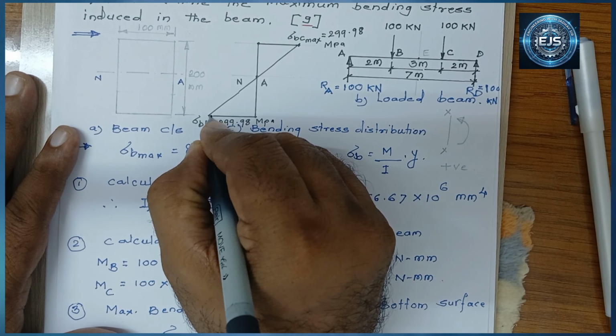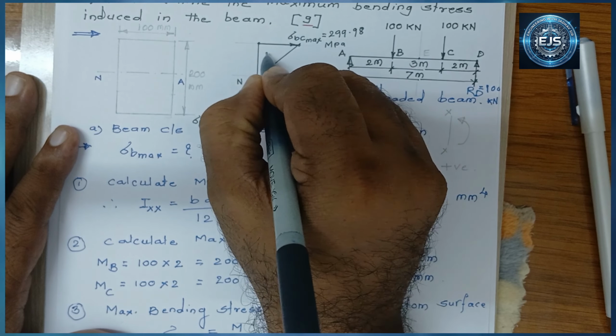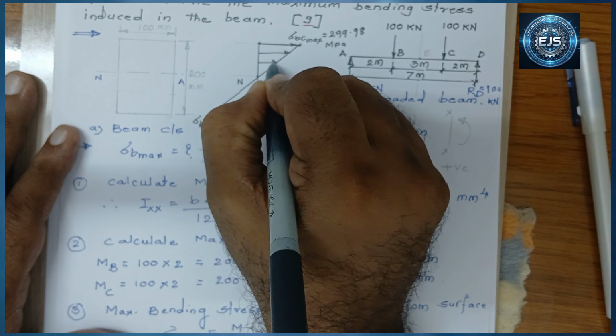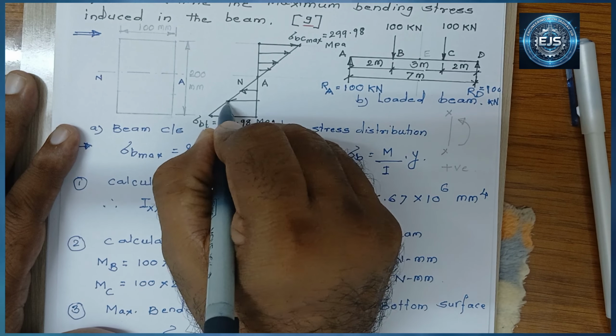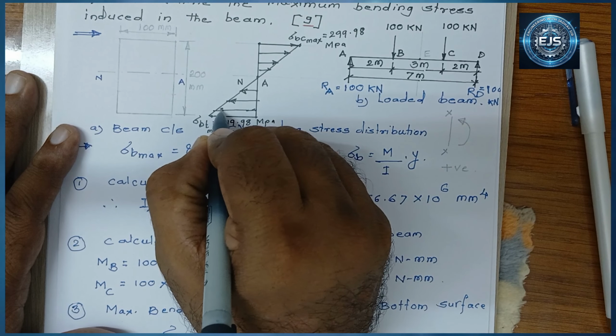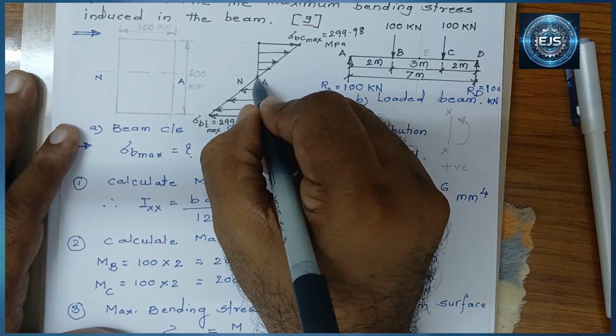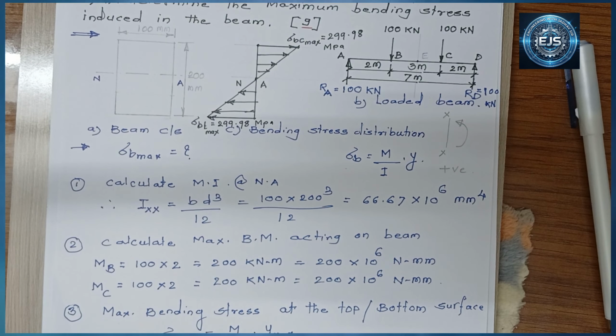So this is the bending stress distribution diagram for this problem. And at the neutral axis, bending stress is equal to 0.